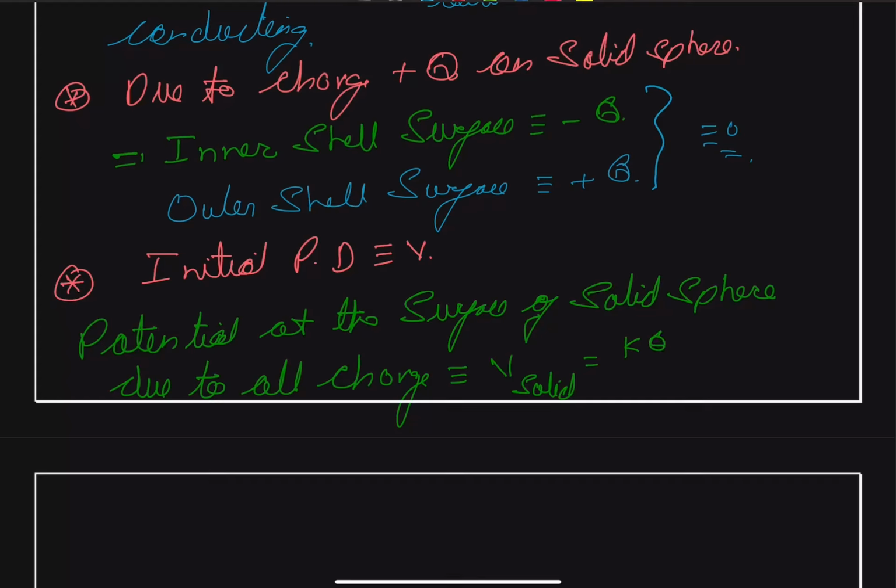kq upon the radius of the sphere, plus k times minus q upon the radius of the inner surface, plus kq upon the radius of the outer surface.